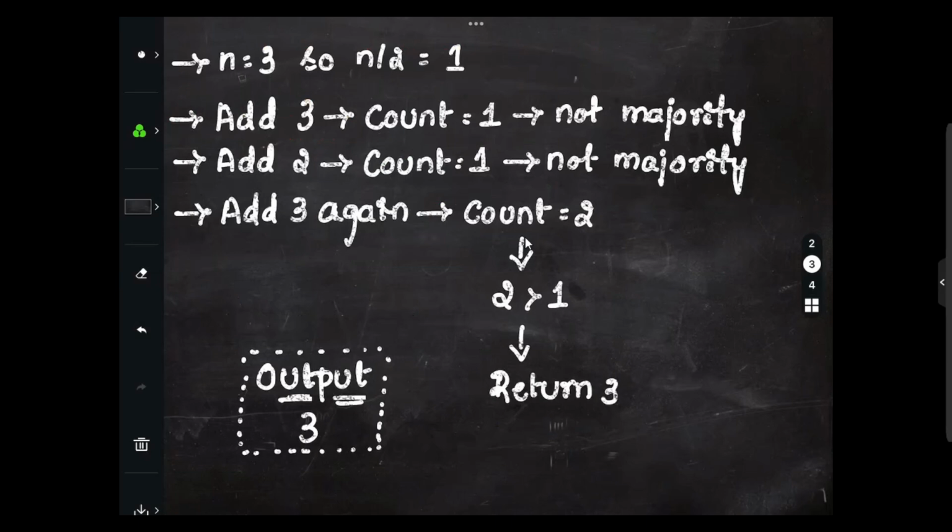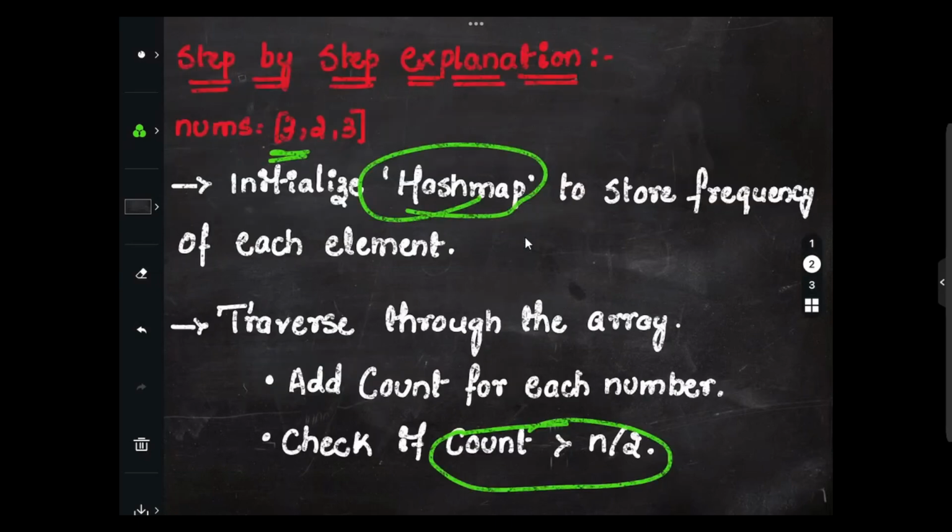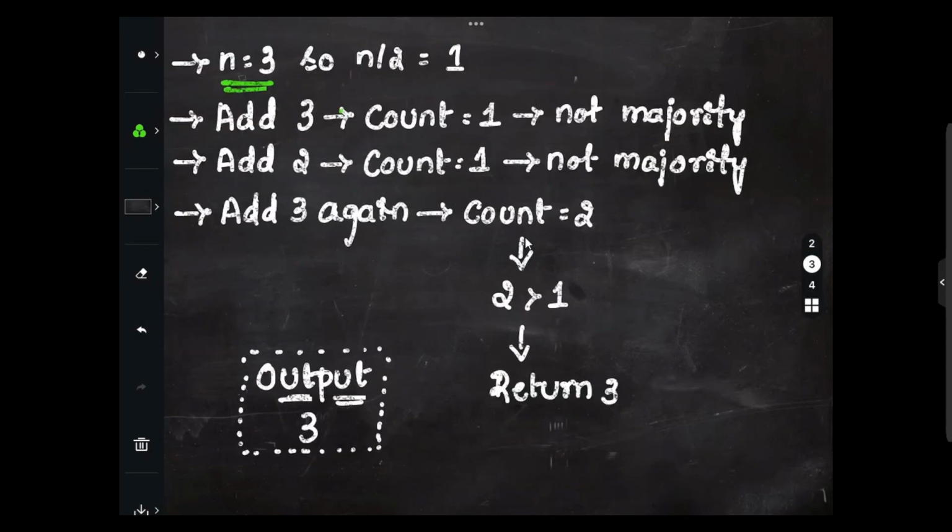Here n equals 3, the length, so n by 2 is 3 by 2. In decimal we'd get 1.5, but we'll consider the whole number, so in this case it will be 1.